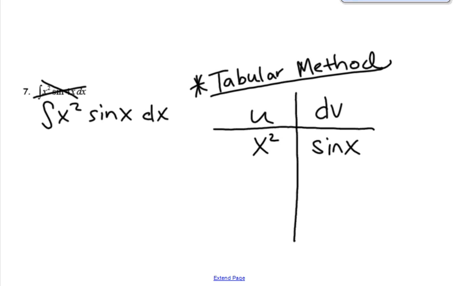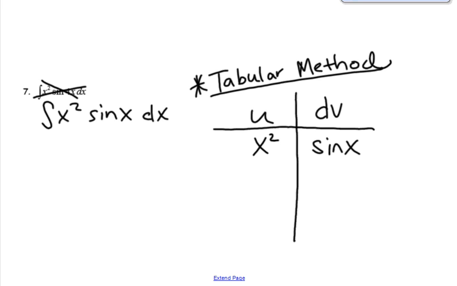Now, what you're doing with u is you would take the derivative of u, and with dv, you would be taking the integral of dv. So let's do that. With the tabular method, you're going to take the derivative of the u until you get down to 0.